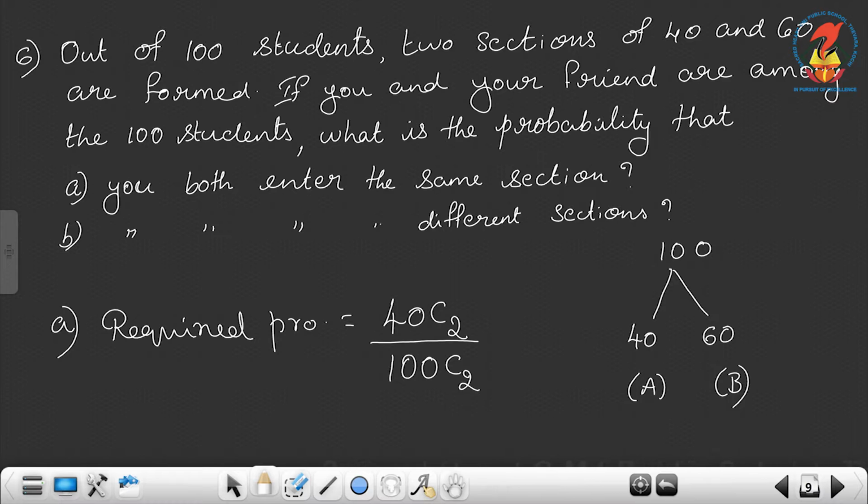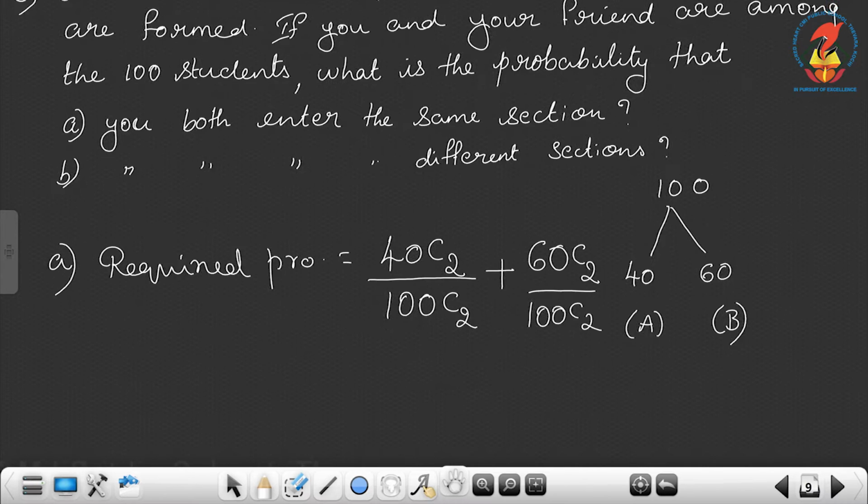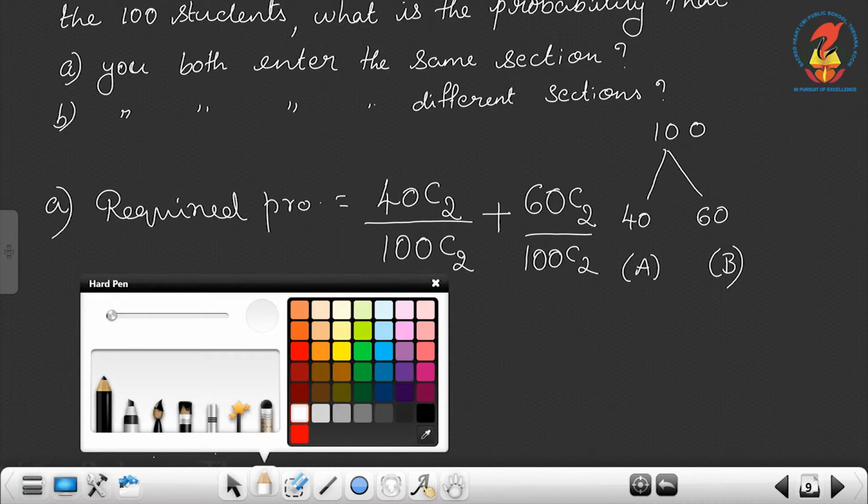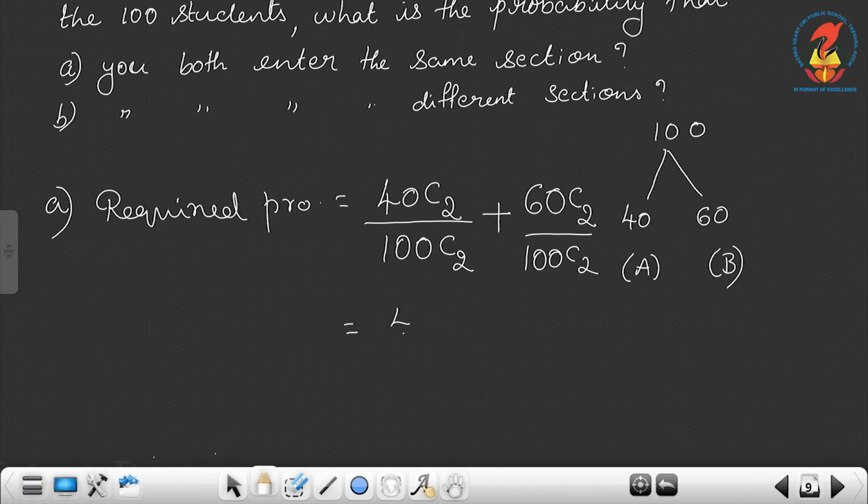So either this or that means in between put plus sign, there total 60. So you two among 60 and total is 100 C2. Now simplify this. So denominator is same, 40 C2 plus 60 C2 by 100 C2.